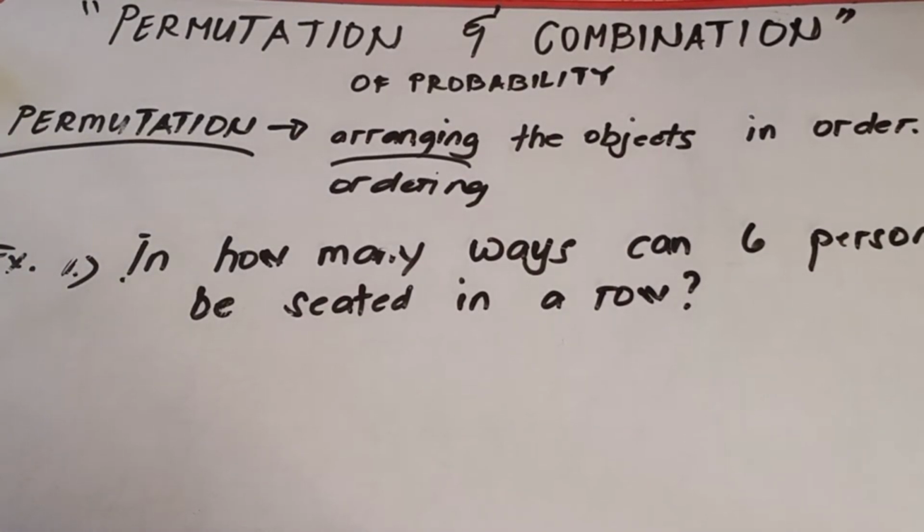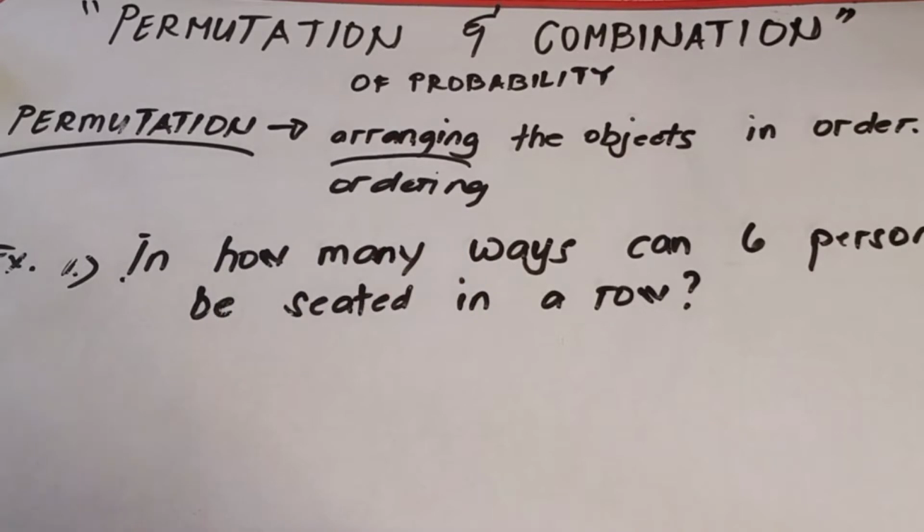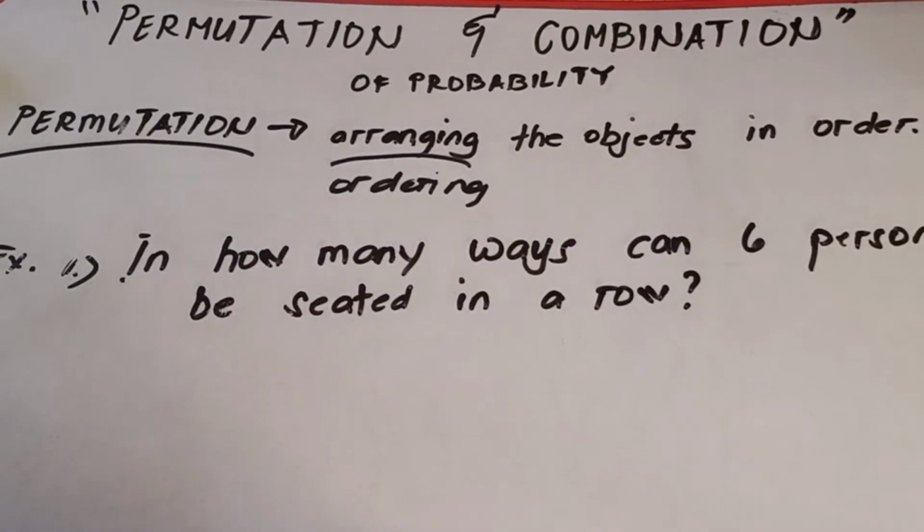And it can be calculated by multiplying all the objects in a group down to 1. What does that mean? Let's say we have an example here. In how many ways can 6 persons be seated in a row? In our example, seating of 6 people is simply a different ordering of the 6 people in a group.